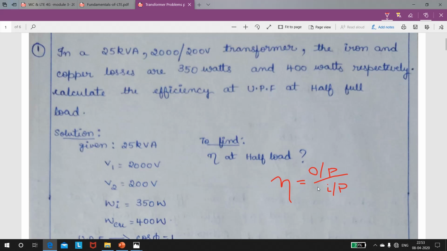What about input? Input is equal to output plus losses.